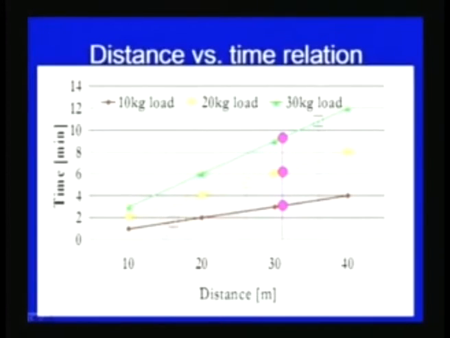carrying a 10 kg load and covering a distance of 15 meter instead of either 20 or 10 meter, then the time required for the 15 meter can be directly calculated from the straight line relationship.